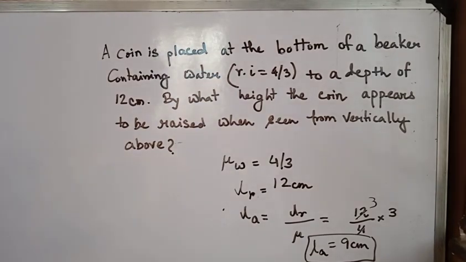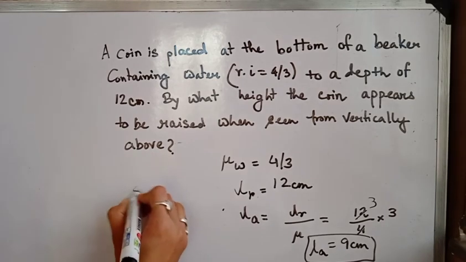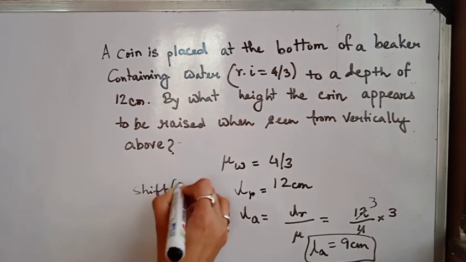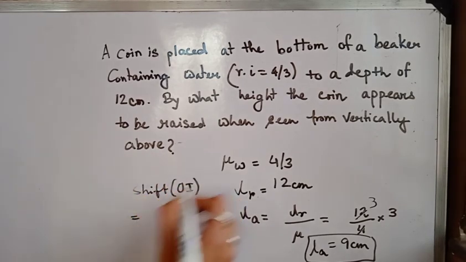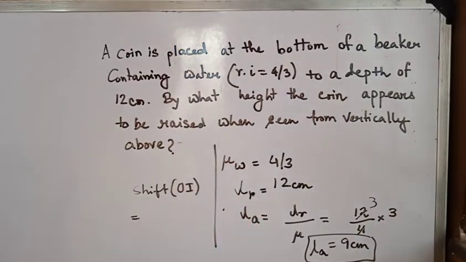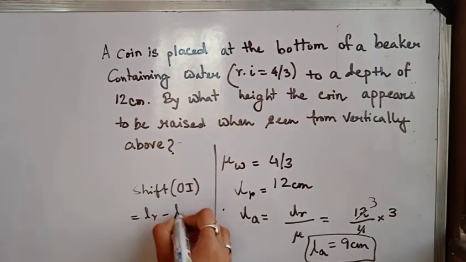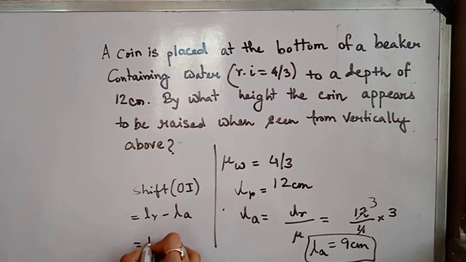Here we want to find how much it appears to be raised, that is, we want to find the shift, how much it shifted from its actual position. So the shift is OI. We know the formula of shift: real depth minus apparent depth. So real depth is 12 centimeter minus apparent depth 9 centimeter. 12 minus 9 is 3 centimeter.